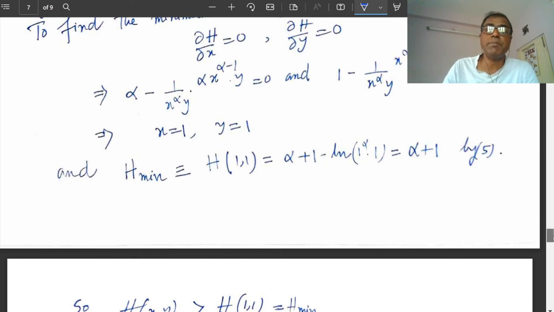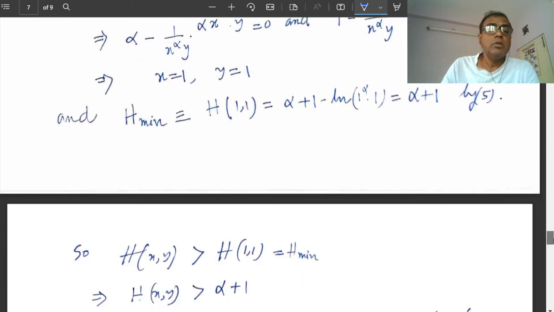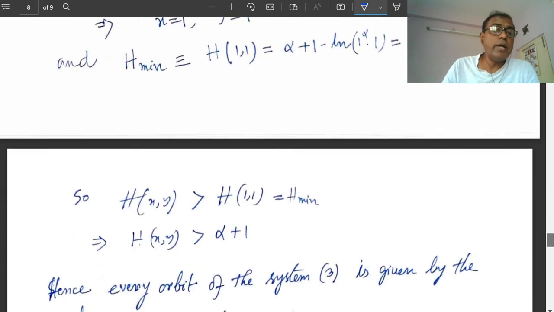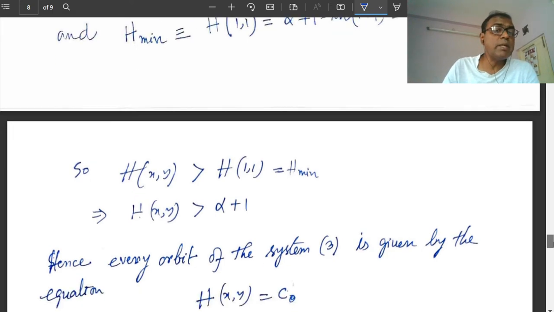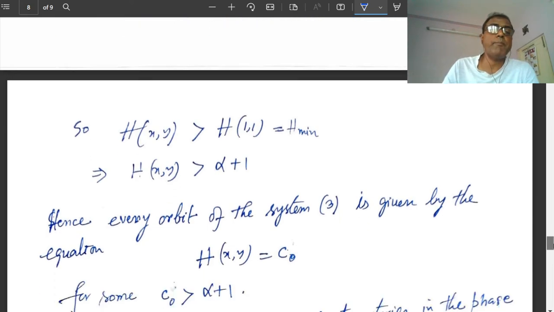Alpha is the positive parameter. So H(x, y) is obviously greater than H(1, 1), which is equal to H minimum. H minimum means α plus 1. So H(x, y) is always greater than α plus 1.